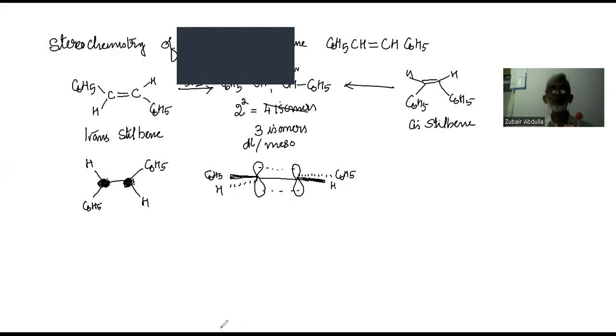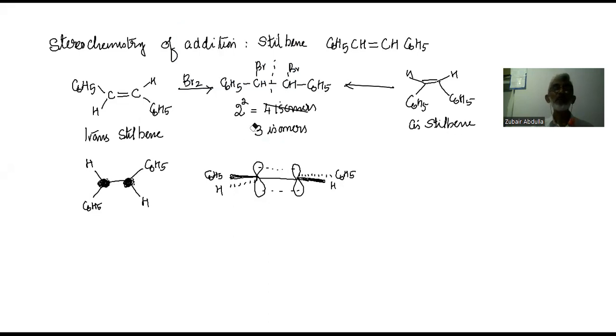If you write a curved arrow mechanism for this, we will be able to write it like this. You can see here, the bromine is approaching from the top. Remember, it can approach either from the top or from the bottom. Let me draw this bond from here. Here is the bromine, and we have the lone pair of electrons.